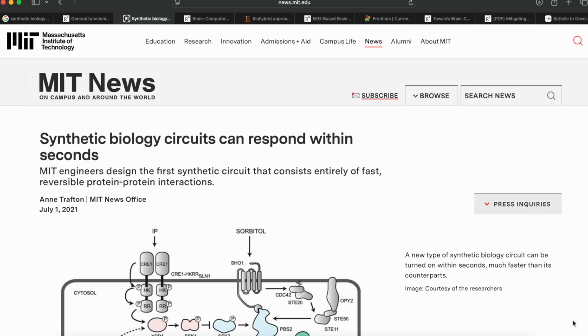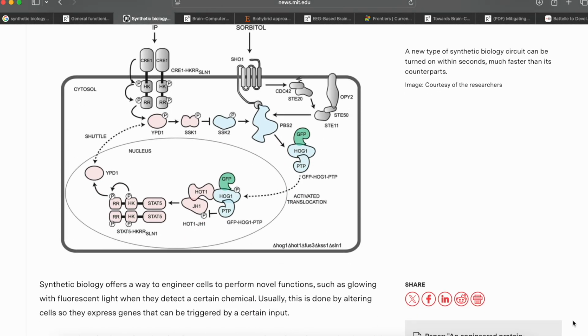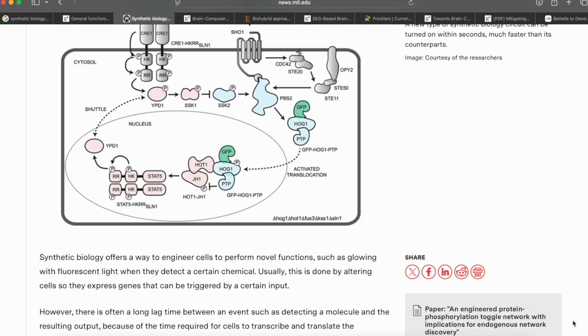And this was on July 1st, 2021. Synthetic biology offers a way to engineer cells to perform novel functions, such as glowing with fluorescent light when they detect certain chemicals. Usually, this is done by altering cells so they express genes that can be triggered by a certain input. I will leave the link in the description for those who want to read this MIT research paper.